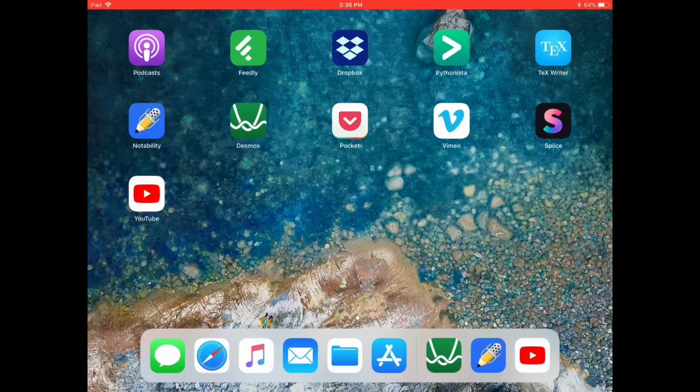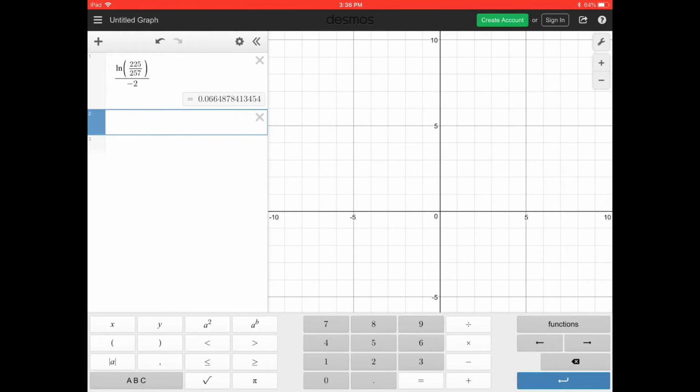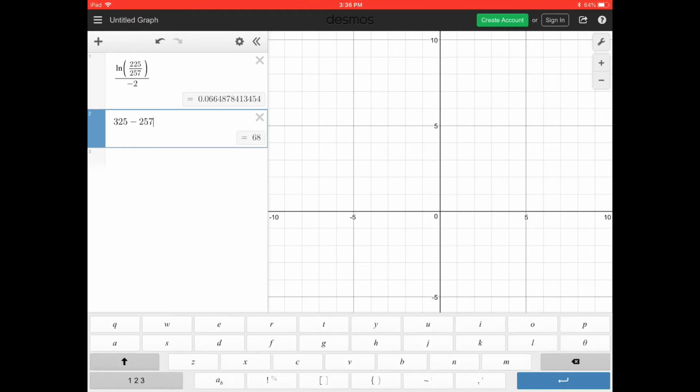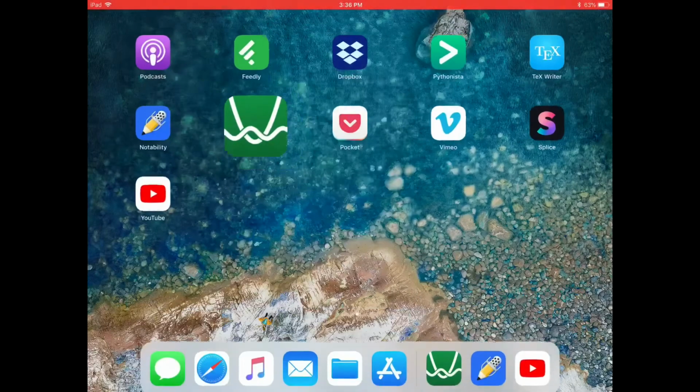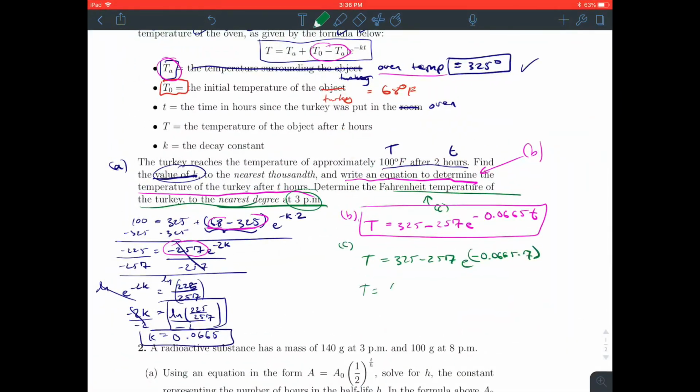So let's see if we can do that. So we get 325 minus 257 e to the parentheses negative 0.0665 times 7, close parentheses, 163.65.